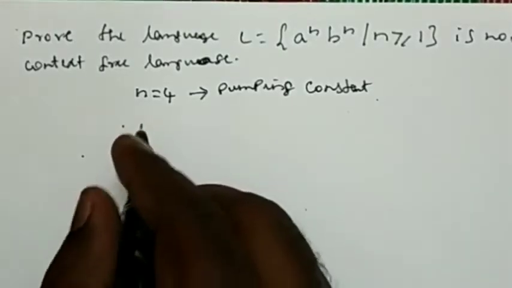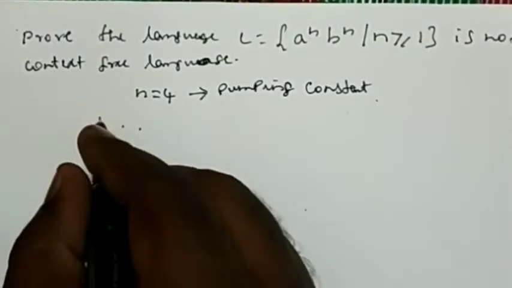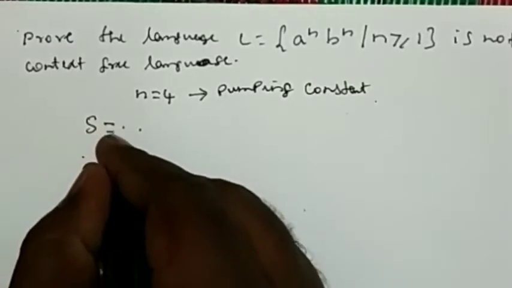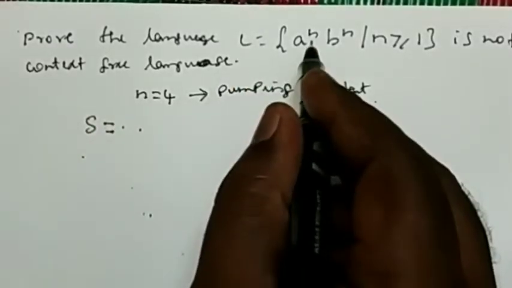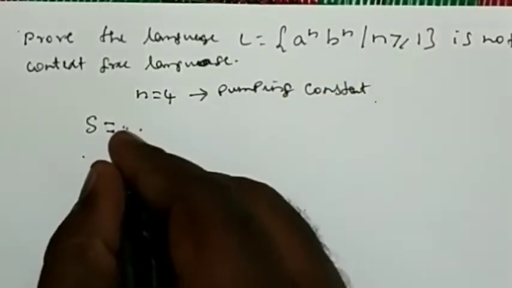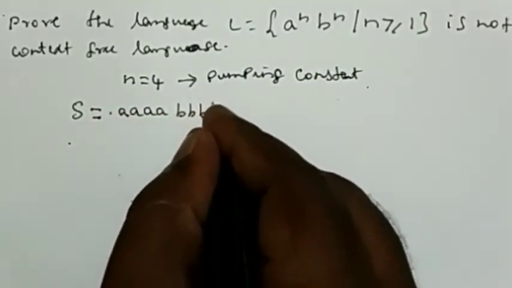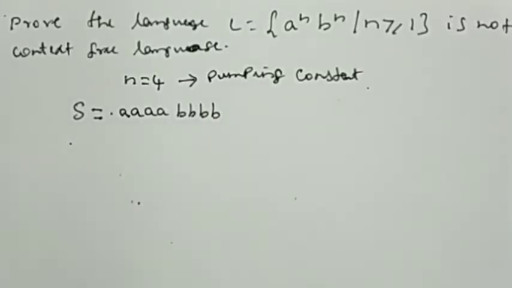So when you take it up, the string is called s. The string will be, when n is 4, 4 a's and 4 b's.